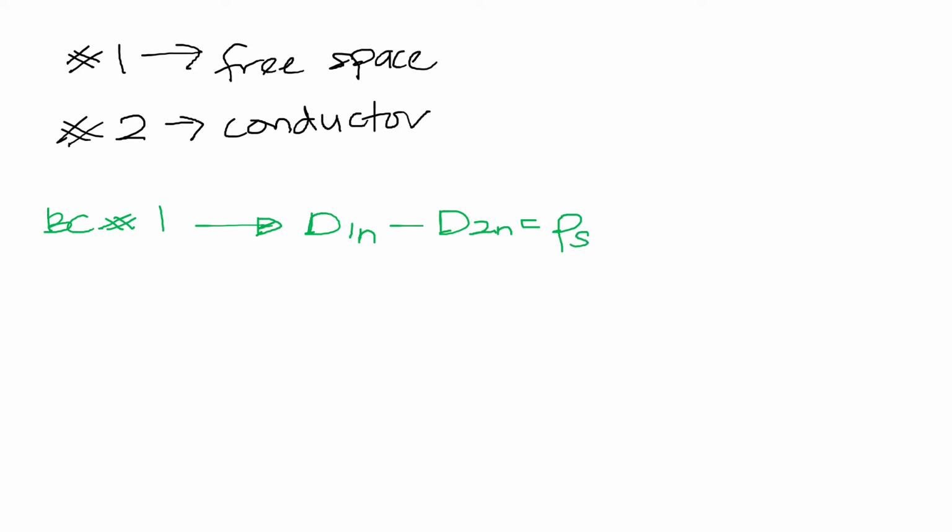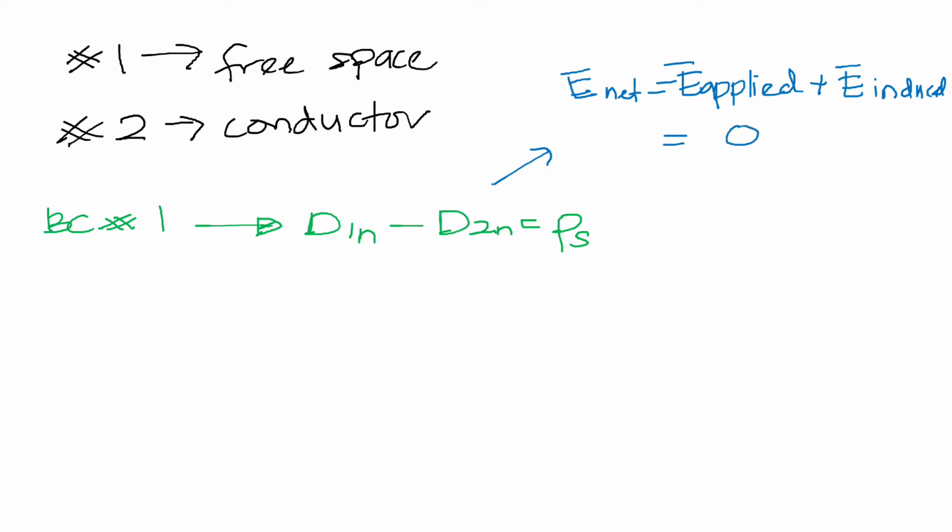To analyze this equation, we recall property number 3, conductor under static condition, where we agree that our E net is equal to E applied plus E induced, equal to 0. So this is suitable for conductor material.